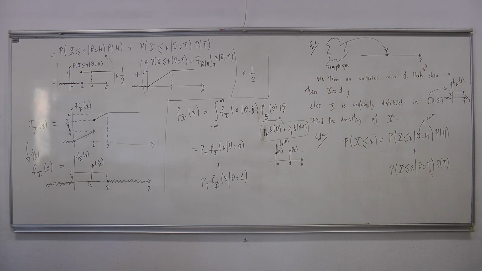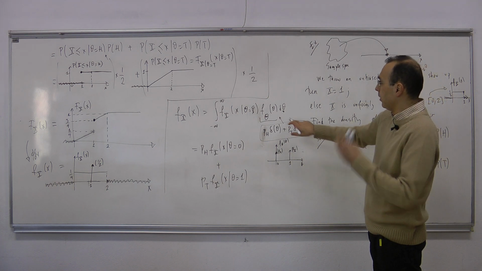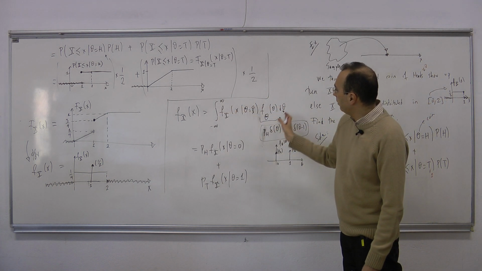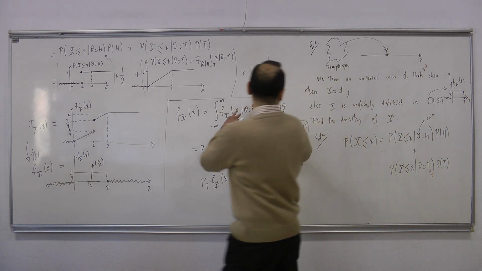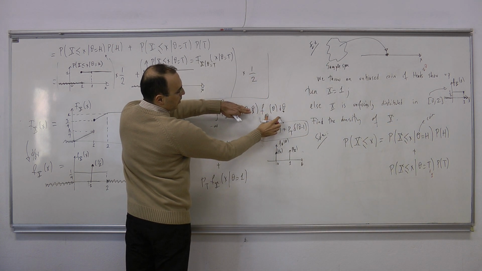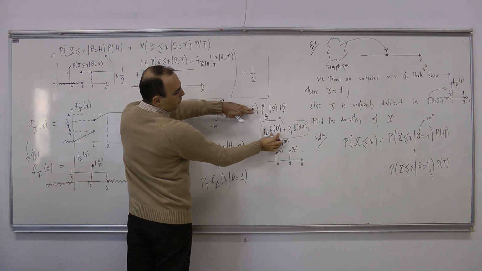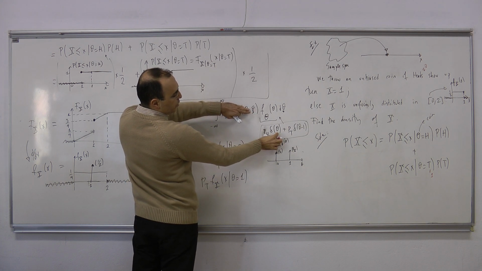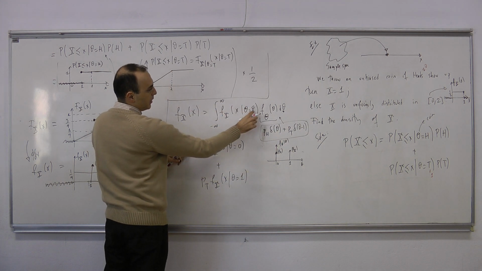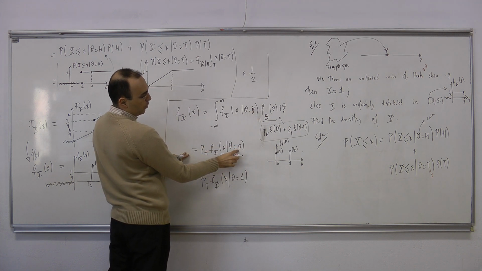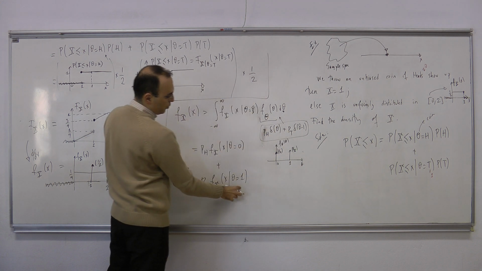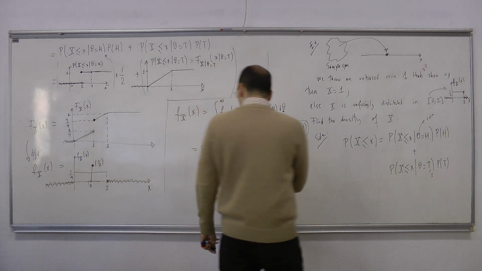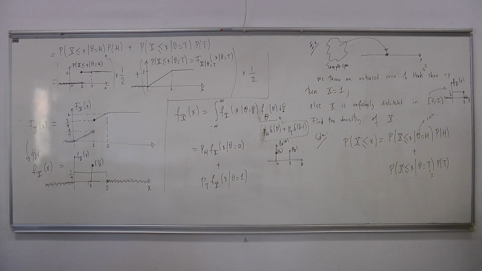Since I'm calculating an integral involving an impulse function, whatever this function is, once I multiply by an impulse it will be evaluated at theta equal to 0. Whenever I see a theta over here, I substitute a 0. Plus the second one, whenever I see a theta, I substitute a 1. So if you do this, as you see, it's a little bit faster.